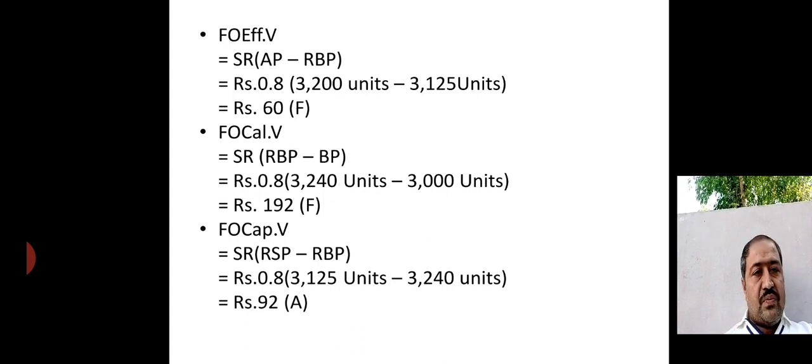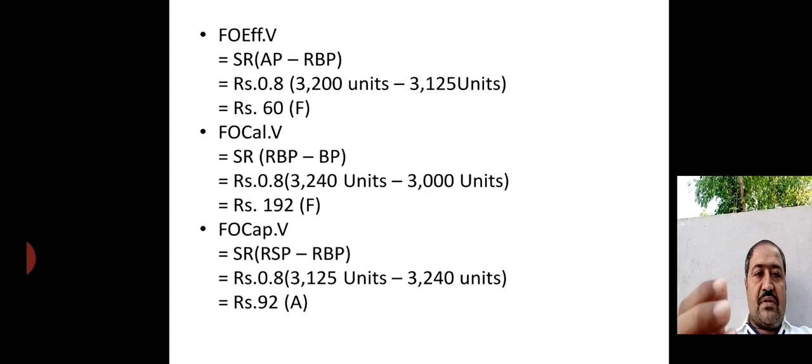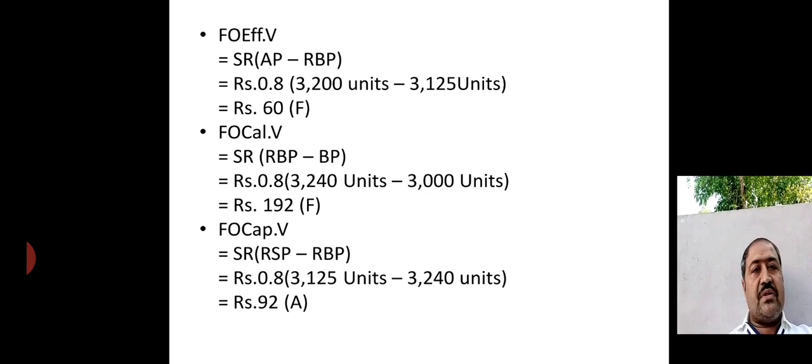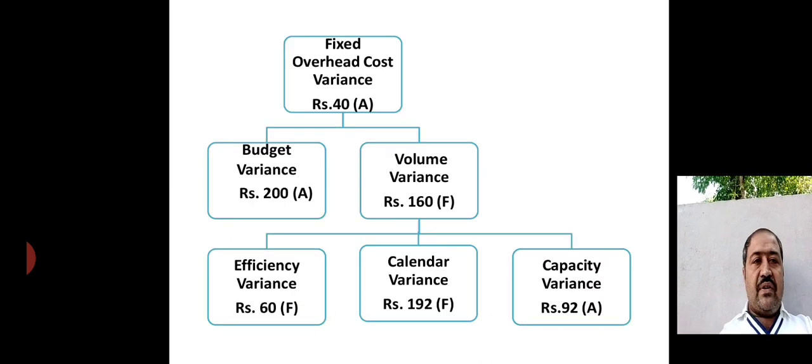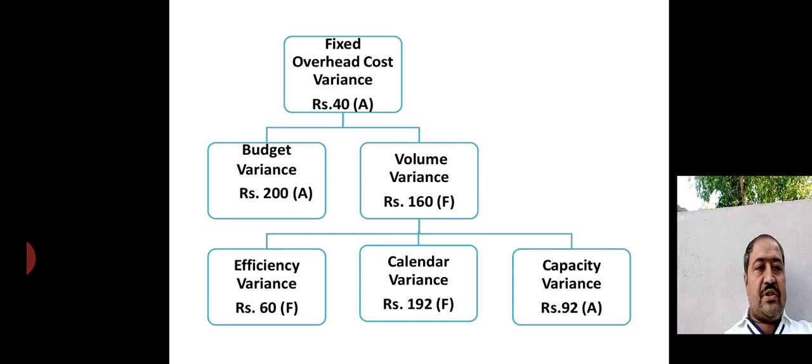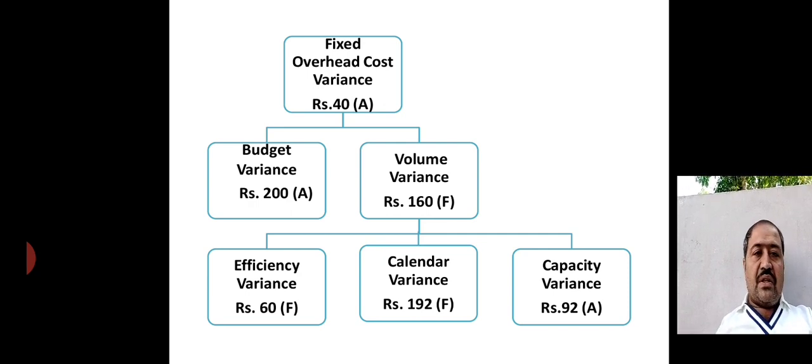These two figures also we calculated. So answer is 92 adverse. So total of these three is equal to fixed overhead volume variance. And now this is the verification. Fixed overhead volume variance 160 favorable is classified into 3 categories.